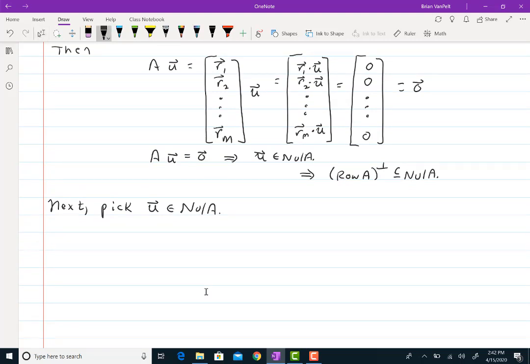But here's what we know. We do know that AU is equal to the 0 vector.